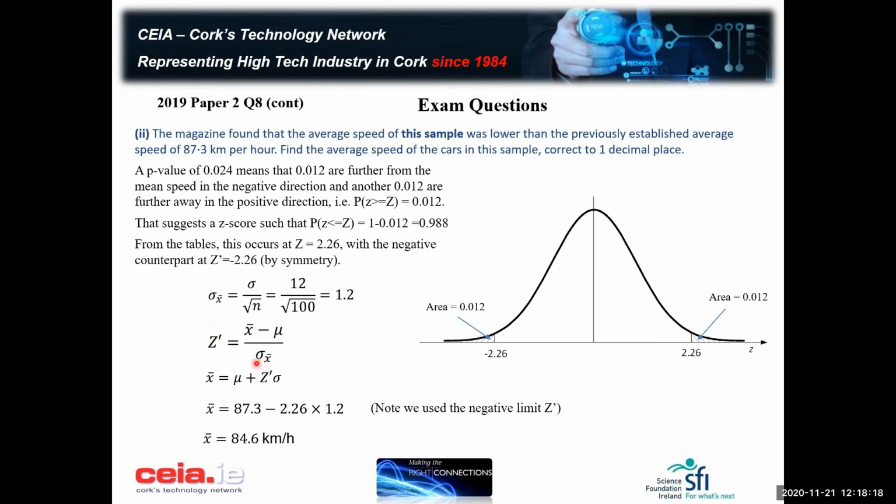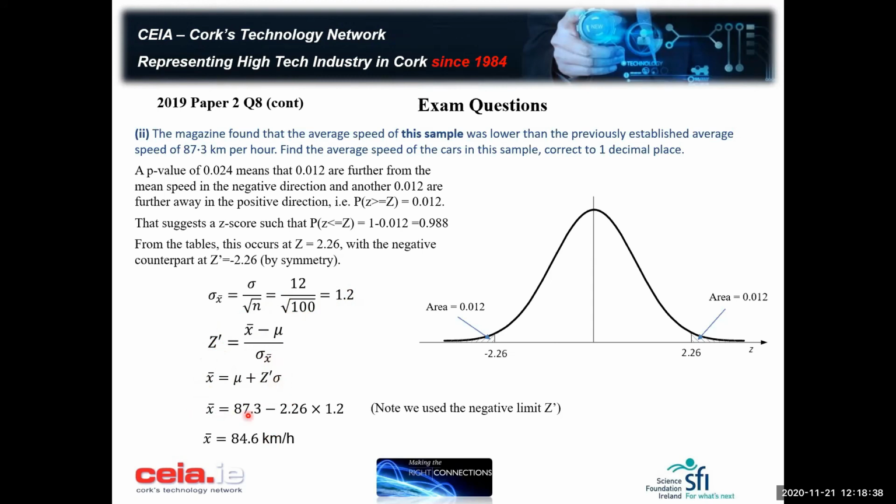And you can then use this formula with this sigma of the means in the formula. Rearranging this to find a formula for x, you get x equals mu plus z sigma, where this sigma is actually the sigma of x bar.